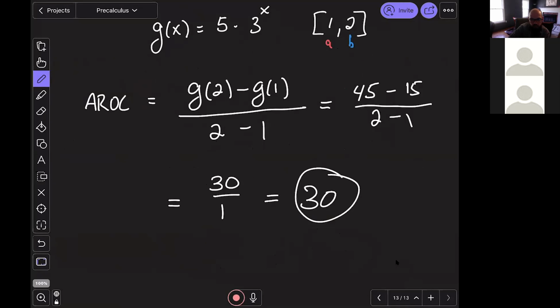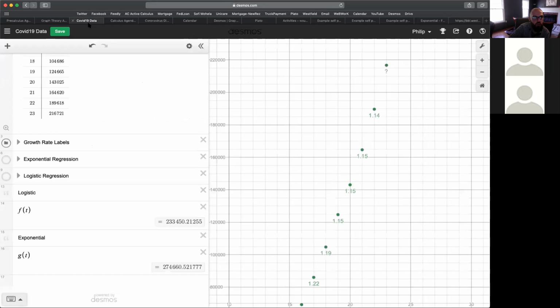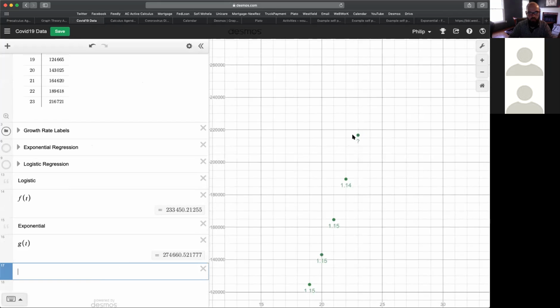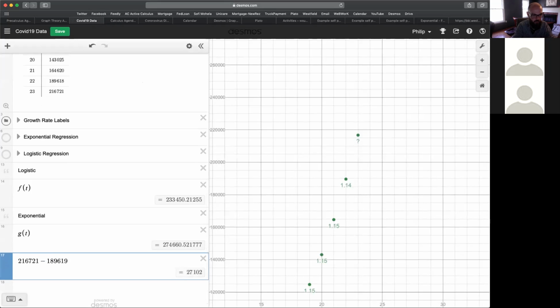So just to bring back our other data, we're going to jump back over here. What we did in order to get this 1.14 is the same kind of computation. So I did 2.2. This is our f of b, 216,721, minus 189,618.